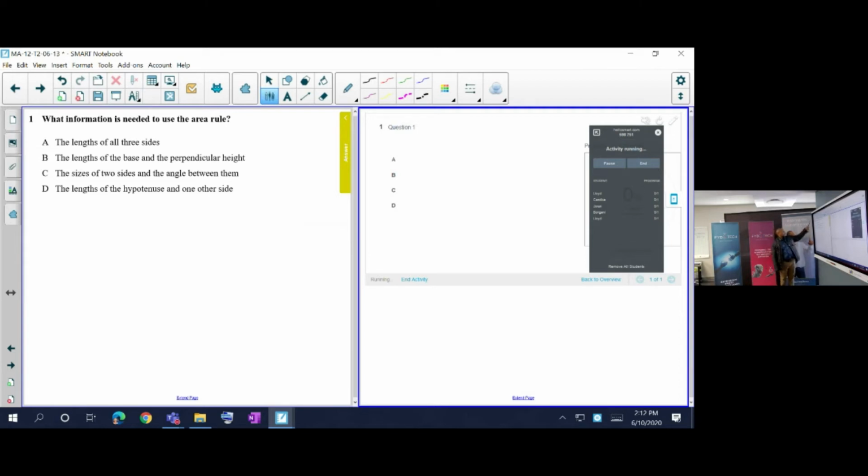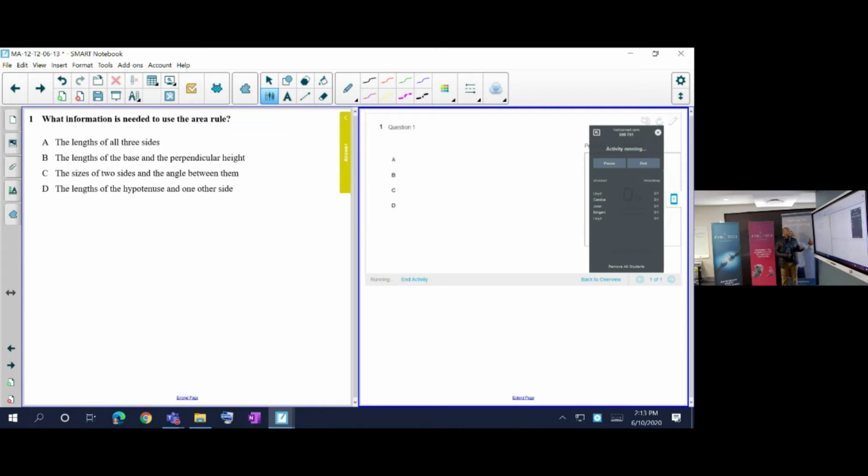So the question is, what information is needed if you want to use the sine rule? Do you need a triangle which has all the three sides given, or do you need a triangle with the length of the base and the perpendicular height? Or do you want to have information about the sizes of the two sides and the angle between them?